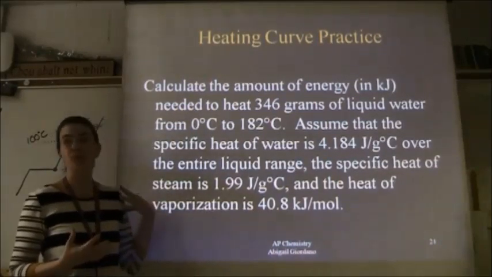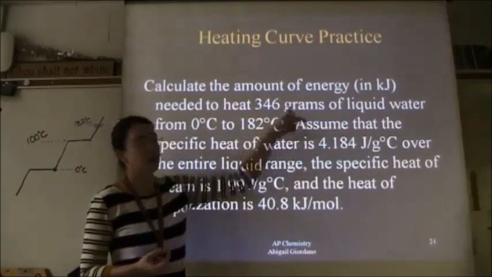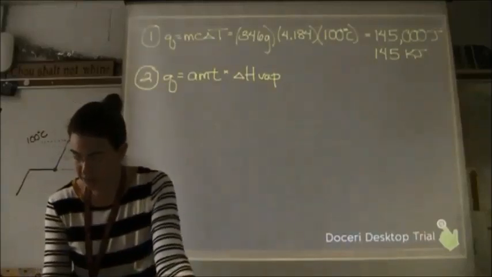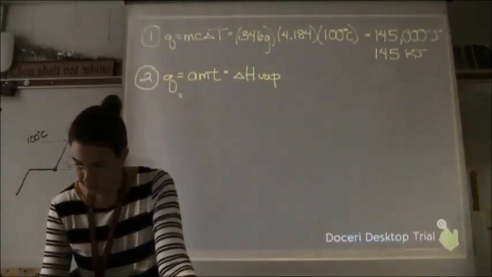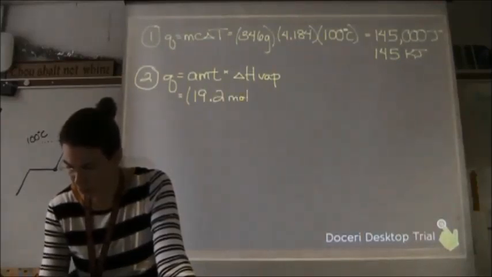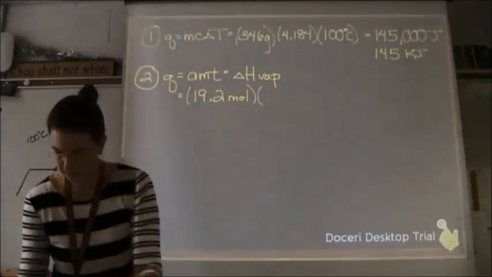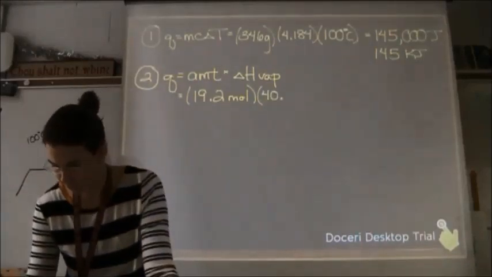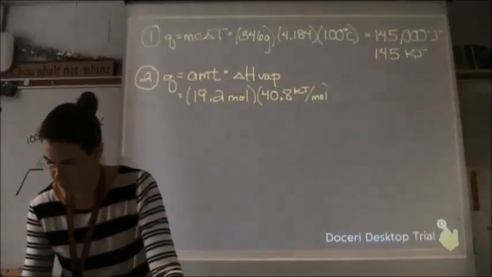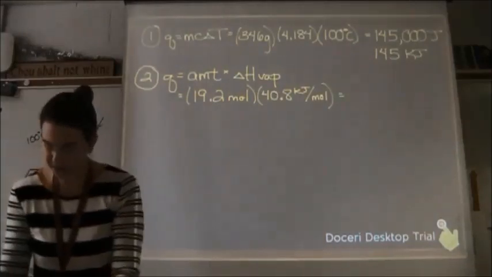Was I given moles of water? No, but I can get it. Okay, I'll save you the time. 346 grams of water is 19.2 moles of water. Okay, moles cancel. I'm already in kilojoules. How nice.